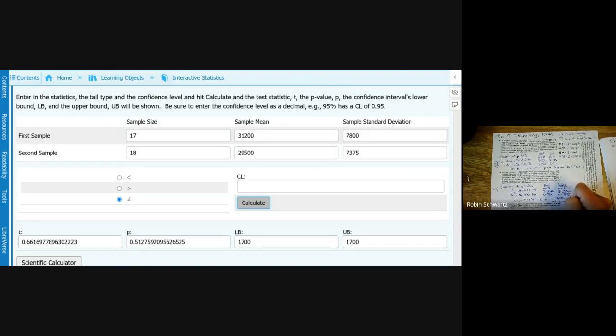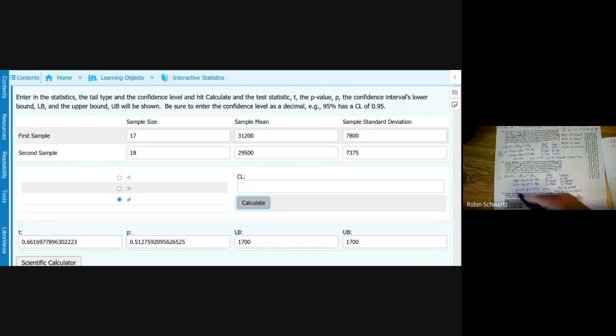That's our fail to reject the null, and that would be not enough evidence to say the claim is false. Okay, next one.